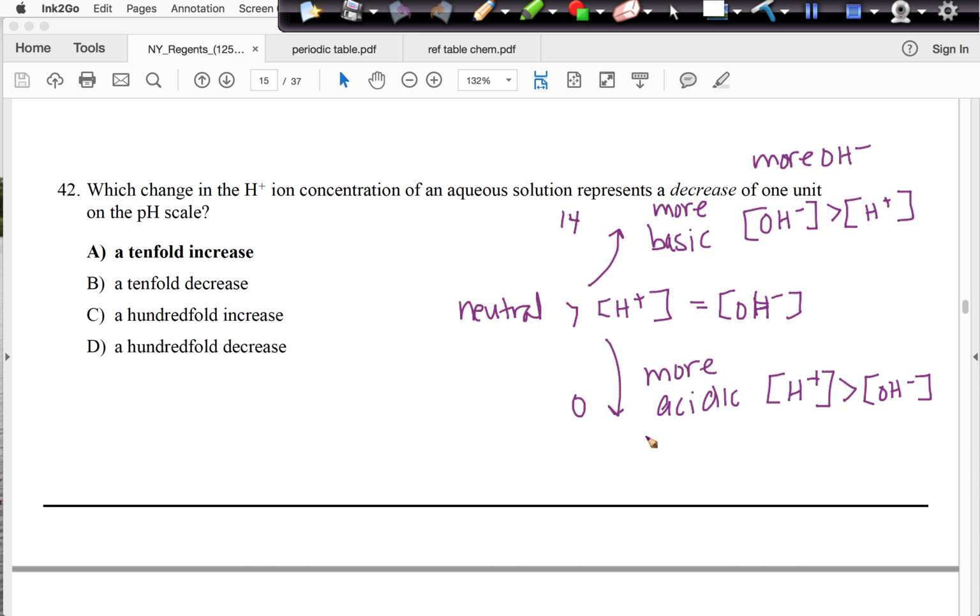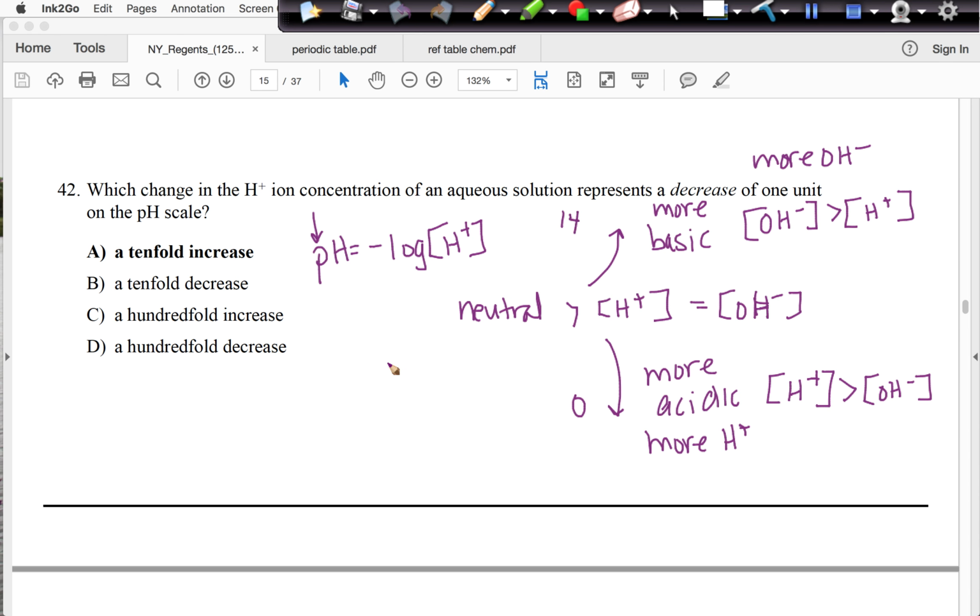So at the lower pH, we have more H plus and it is more acidic. At the higher pH, we have more OH minus and more basic, but we always have both kinds of ion. Remember also that the pH is equal to the negative log of the H plus concentration. That's what this P means, negative log of H plus.